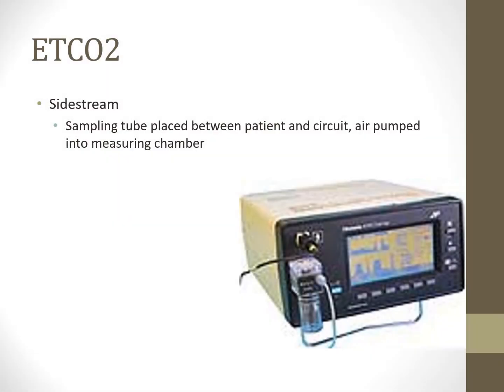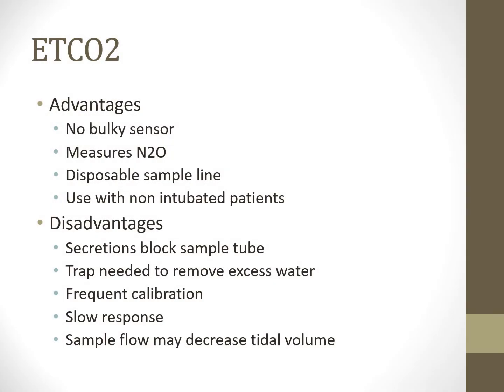Side stream, the tube is placed between the patient circuit, and then, like I said, that purge flow, it's sucking, let's just say 2 mLs per minute or so into this measuring chamber, and then it's reading. So because it's measuring it back at the machine instead of at the airway, there's going to be a lag in the end-tidal waveform. So you're going to see a little bit of a delay compared to the ventilator.